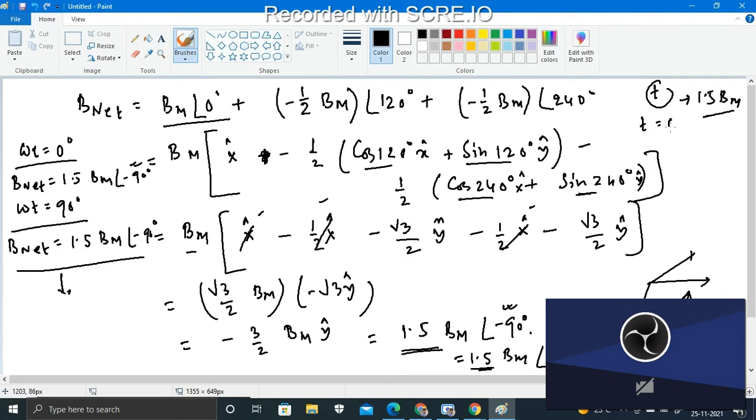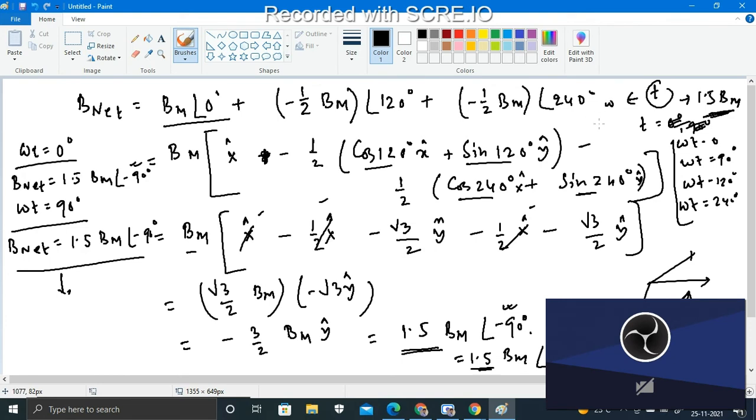Whatever the value of t, either 0 or 90 degree, when omega t equals 120 degree, when omega t equals 240 degrees, whatever my angle is, my magnetic field will be the same magnitude, 1.5 Bm, and it will continue to rotate at an angular velocity of omega.